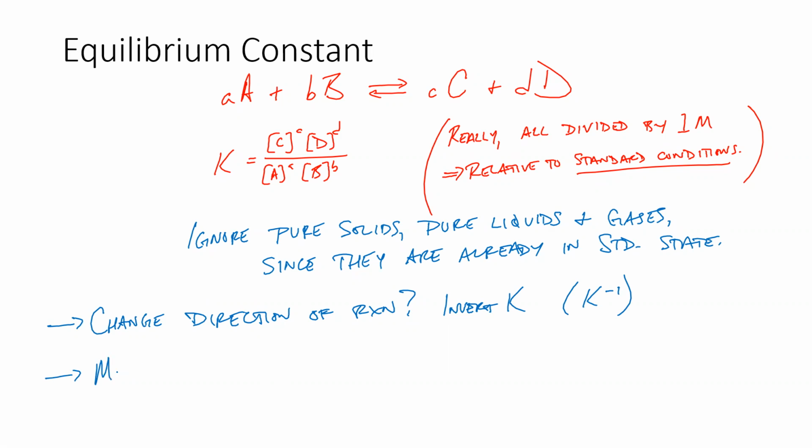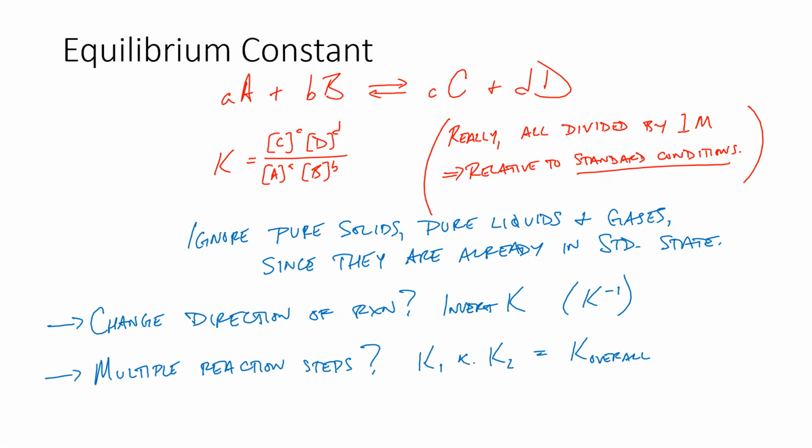What if we had multiple reaction steps? What do we do with the Ks? So let's say we have a K1 and a K2, and I want to get a K overall. What sign goes in the middle there? Times.